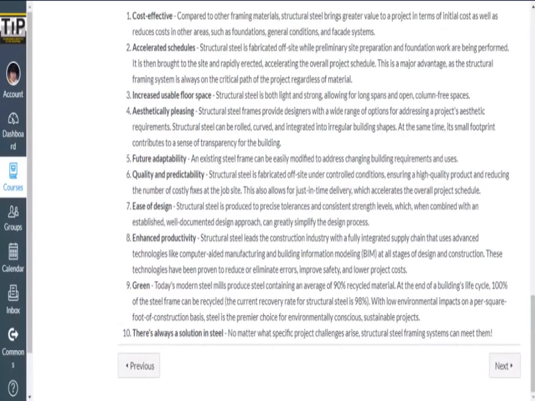So, for example, the usual lifespan of a building is 50 years. So, after 50 years, you are not sure of its serviceability anymore or strength. So, you may need to demolish them and construct a new building. So, in this particular case, if your building is made of steel, you can recycle the materials, no?